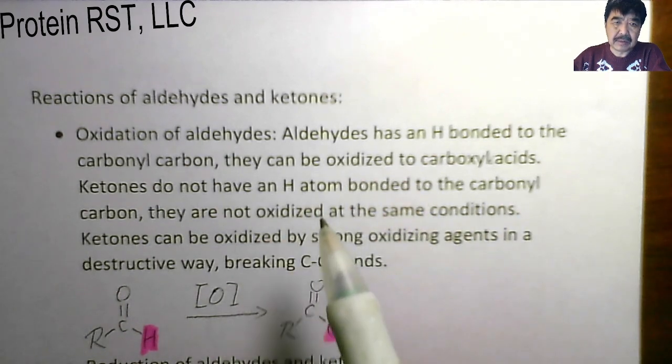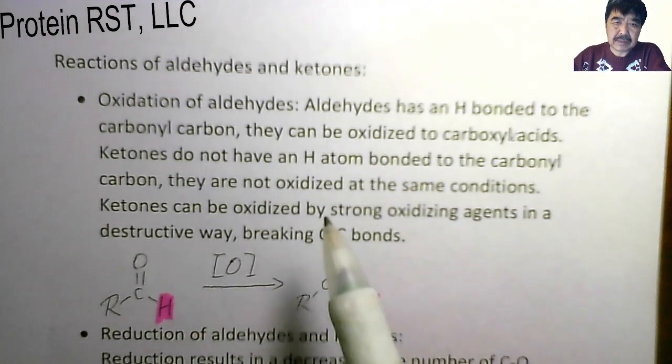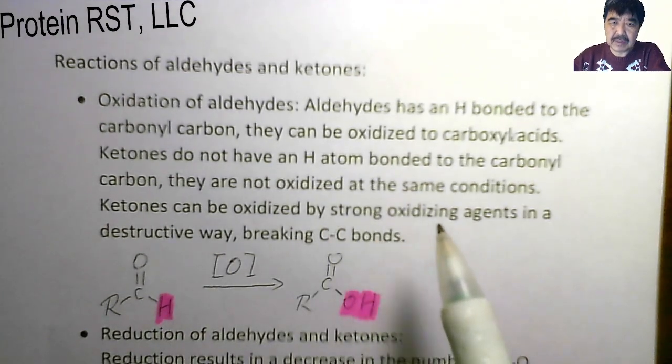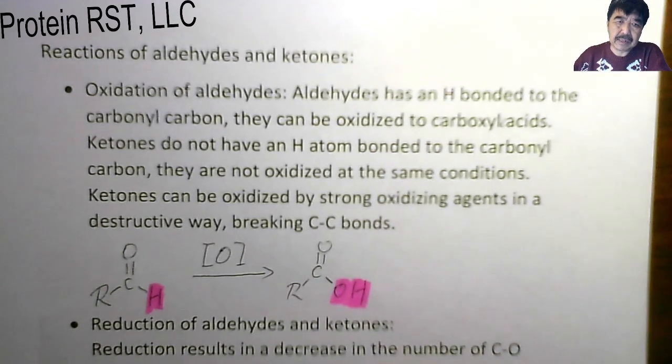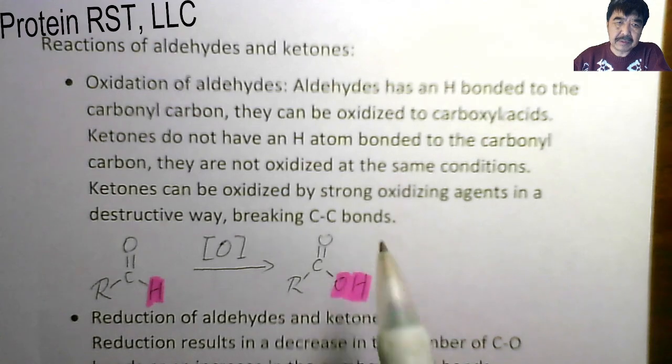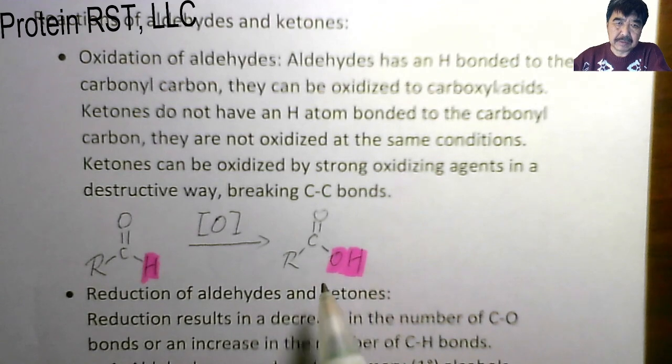They are not oxidized under the same conditions. Ketones can be oxidized by strong oxidizing agents in a destructive way, breaking carbon-carbon bonds. This is an aldehyde, oxidized into a carboxylic acid. This aldehyde group becomes a carboxylic acid group.